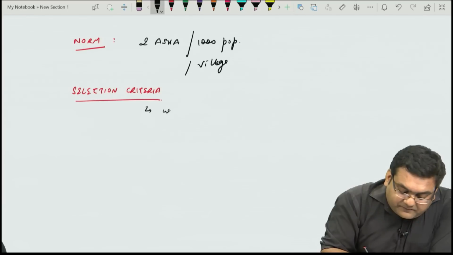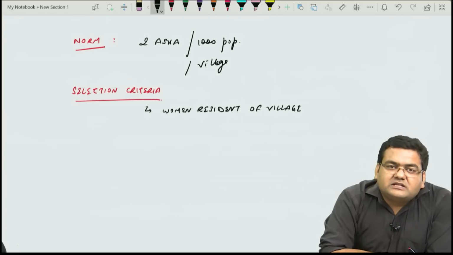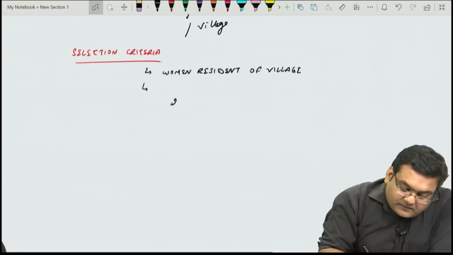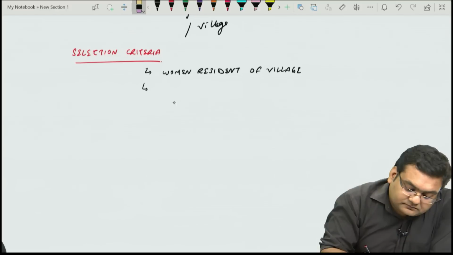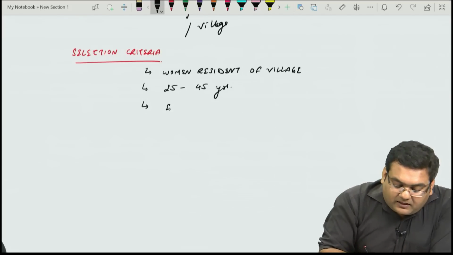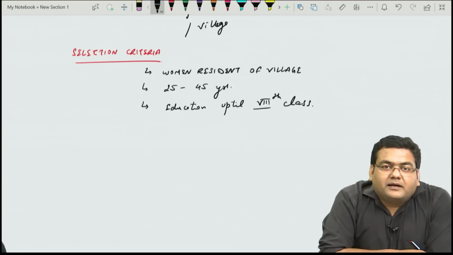She should be a woman resident of a village in which she will be serving. Age group of 25 to 45 years and minimum education up till 8th class.